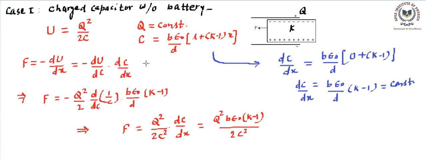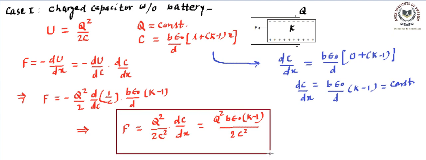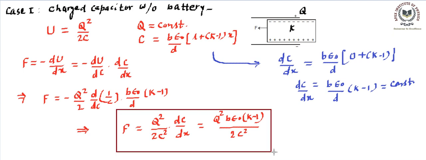I'm putting it in a box so you can remember it, and remembering it in this manner is going to be easy. It simply says the force is equal to Q square by 2C into dc by dx. We can find dc by dx separately and put it in to get this answer. So this is how we can find the force.